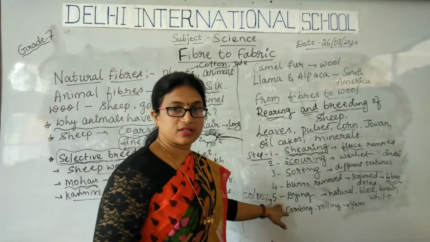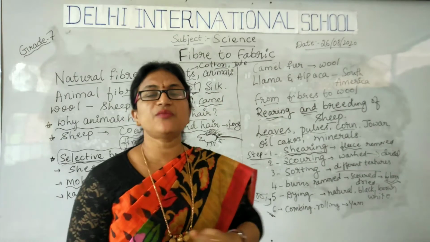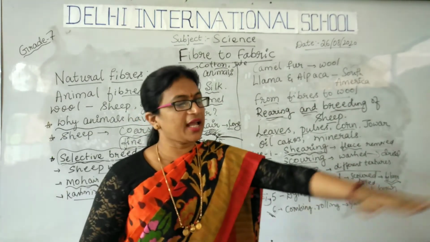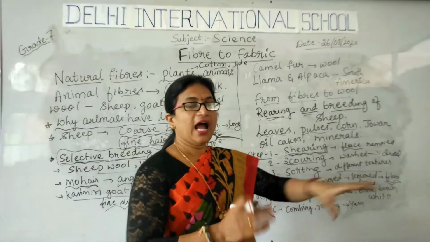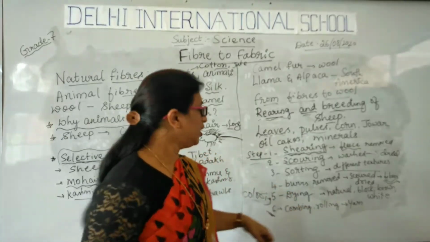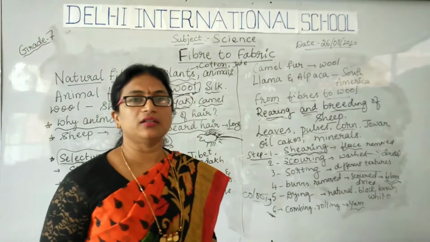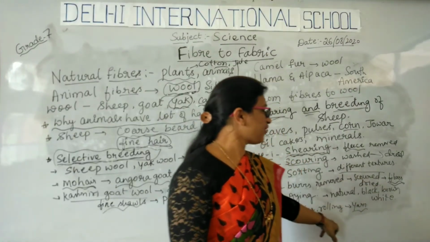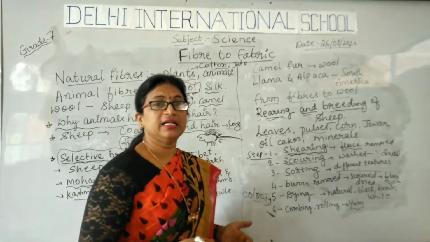And in the last step, what do we do? Combing it properly. It is made into straightened fibers. Okay, so from these fibers, by combing and rolling, we will prepare a yarn.